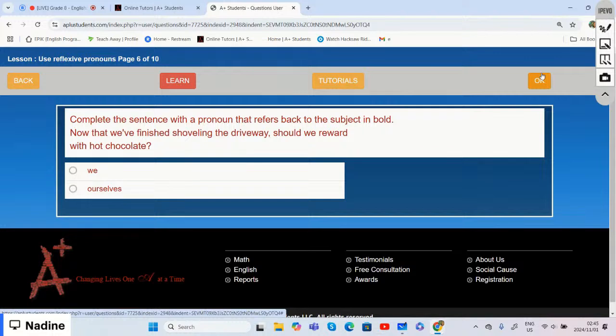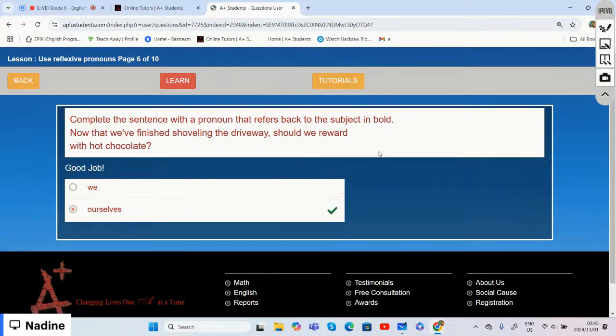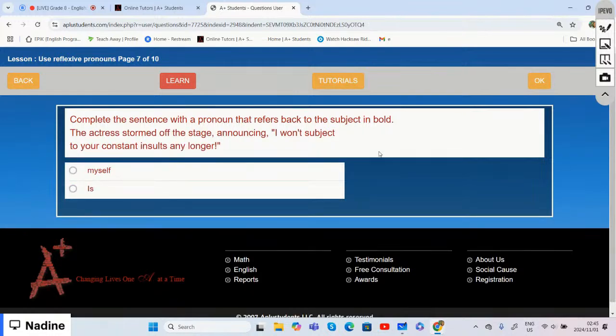All right, and this is the last one where we say that now that we've finished shoveling the driveway, should we reward ourselves with hot chocolate? Yes, well done. Option 2 is correct.